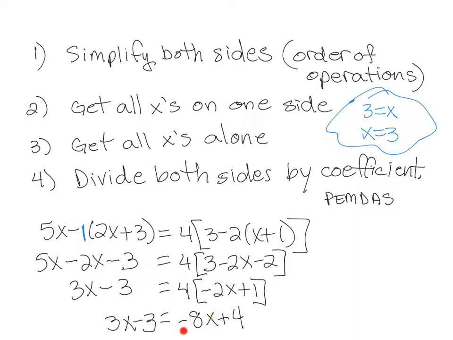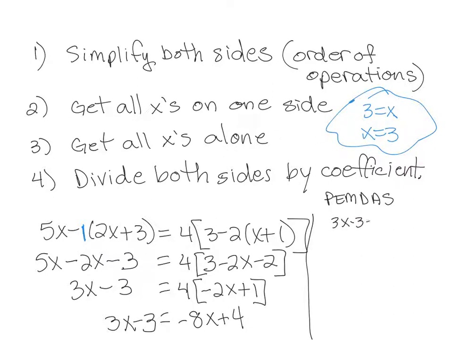So you see how this guy right here, I have minus 8x's over here and positive 3x's over here. I want to move these minus 8 to the other side, which means that I'm going to add 8x's to both sides of this equation. So that's going to give me positive x's. And it doesn't matter what side I'm moving to.